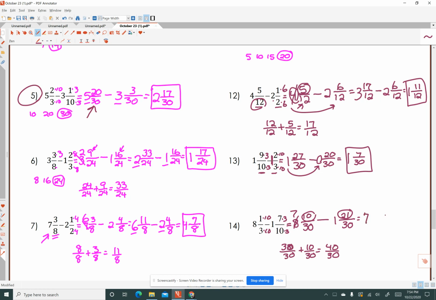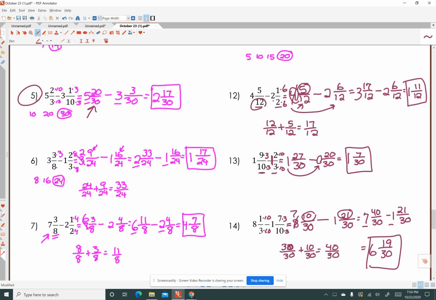So 7 and 40/30 minus 1 and 21/30. I'll have to write down here, equals 7, take away 1 is 6, working in 30ths, 40 minus 21 is 19, and that should be a final answer. We can't simplify any further.